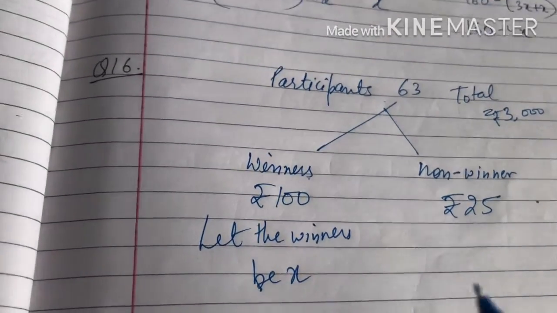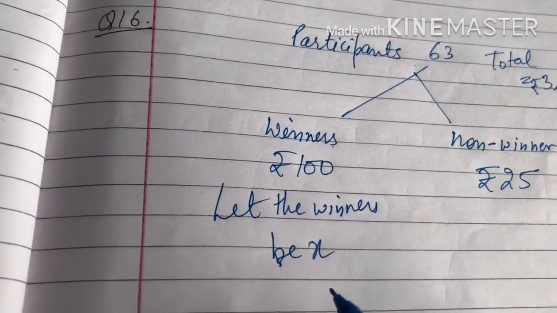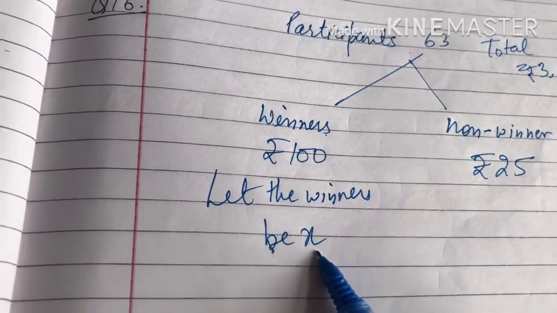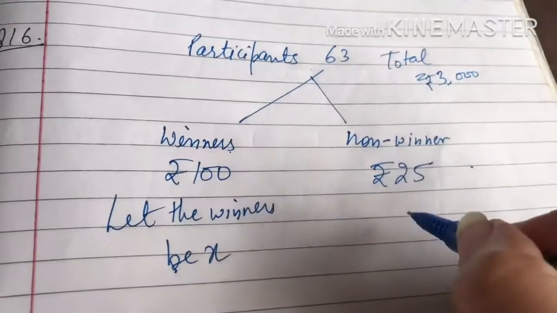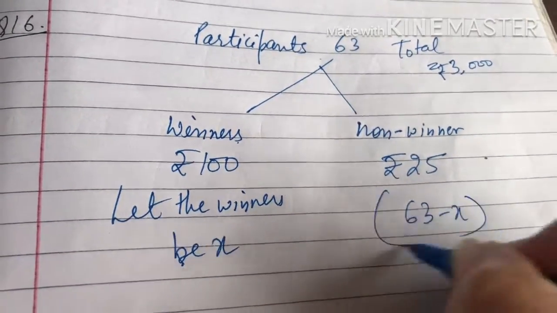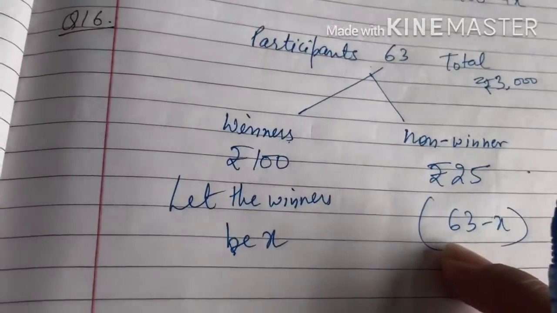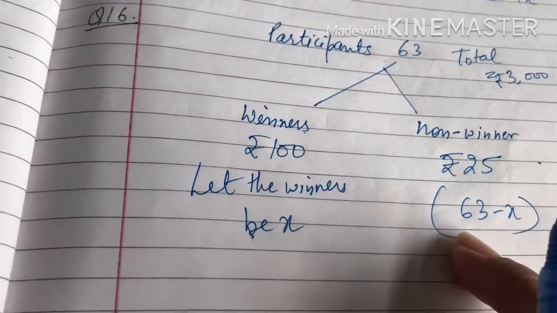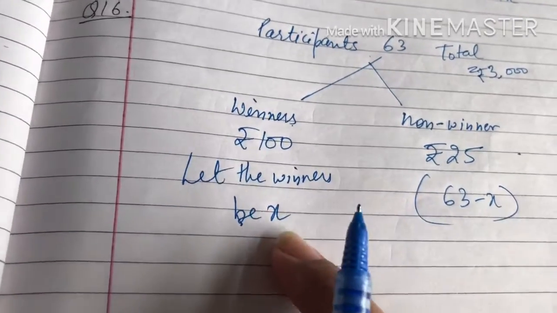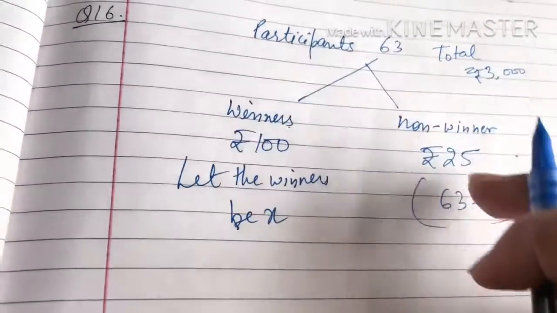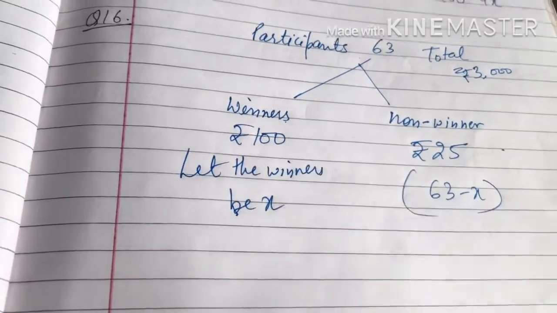If we don't actually know how many are the winners, we can take the winners as x. So the non-winners will be 63 minus x, because the total is 63 only. Subtract the winners from 63 and you will get the non-winners.